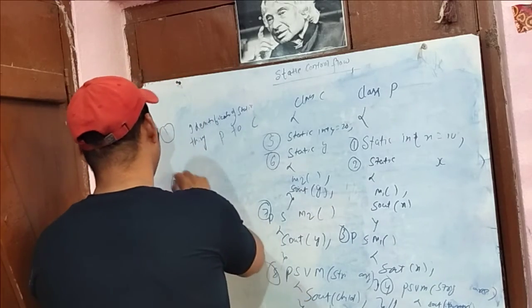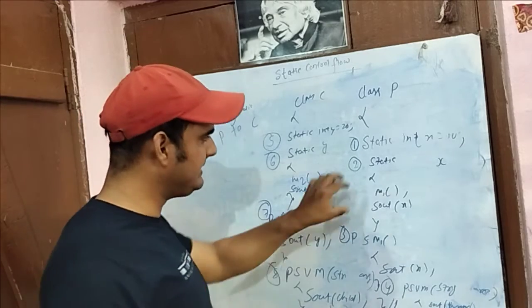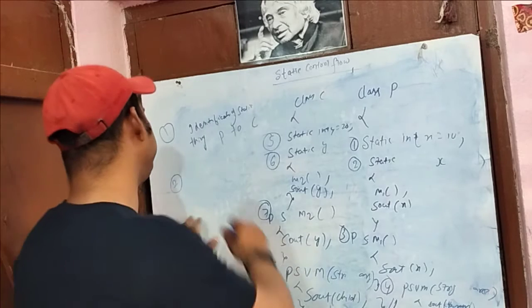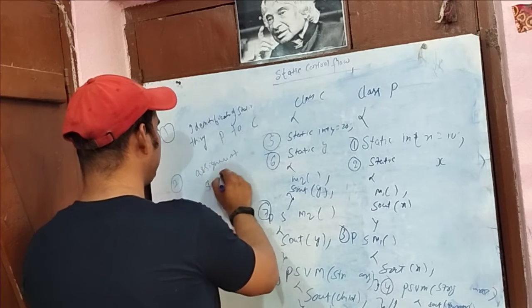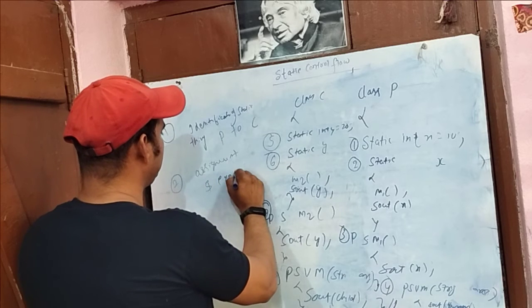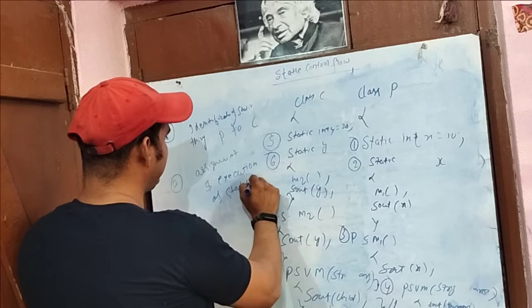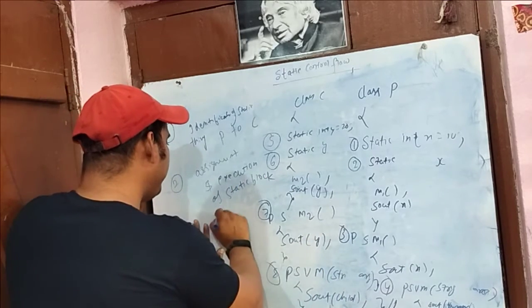Now in the second step, it will do assignment and execution of static blocks. The same thing is happening, but here the order is parent to child.